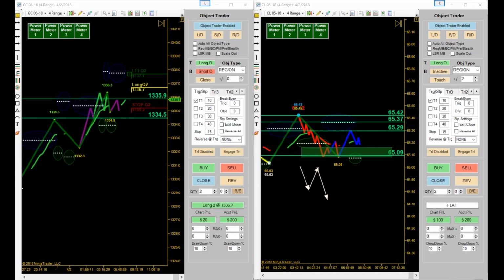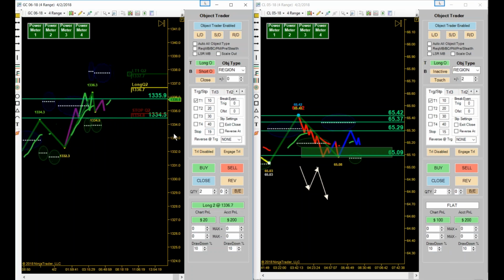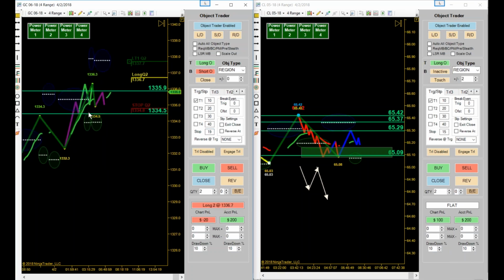Now, if we lose on one and gain on the other, we'll be at 0, right? I'm going to put my stop just under the swing, by the way. That's a little bit riskier because that's 19 ticks, but I don't know where my prices are, but I do know where my swing is. See there? I do know where my swing is. So let's see if we can get 10 more.